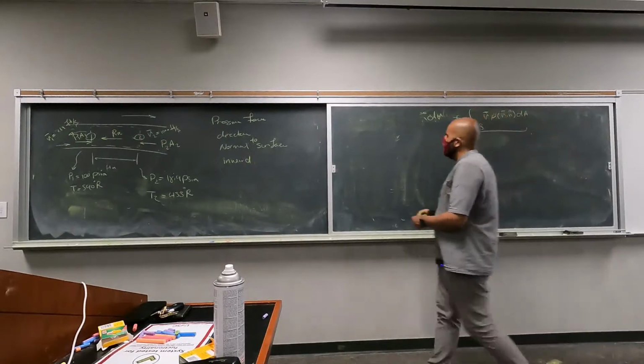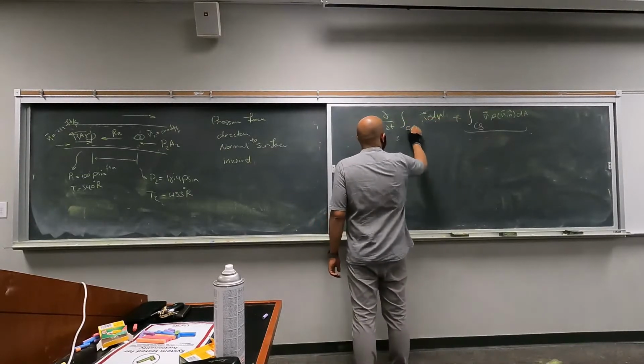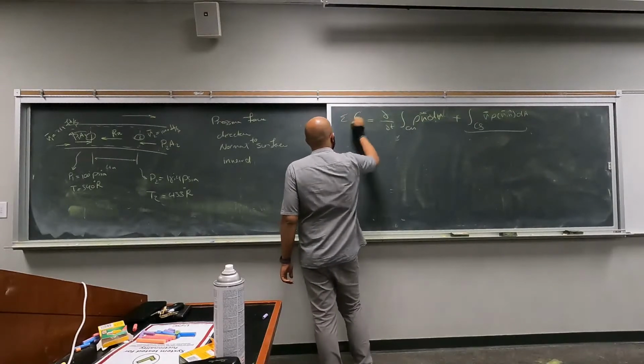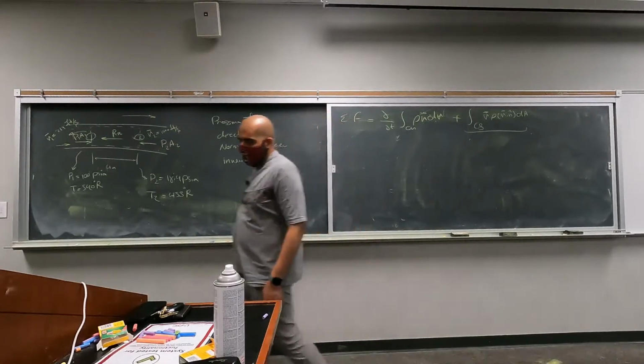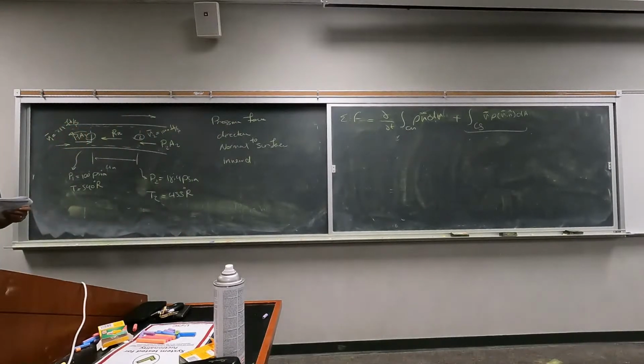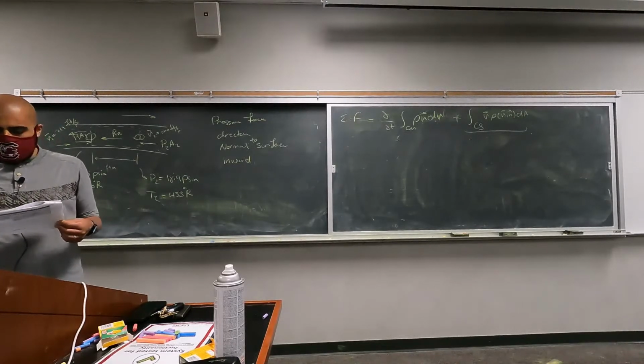Actually, rewrite these parts. Partial T integral rho v sigma. This is example 5.14. We are given the flow of example 5.4, which I think we solved to be vertically upward.